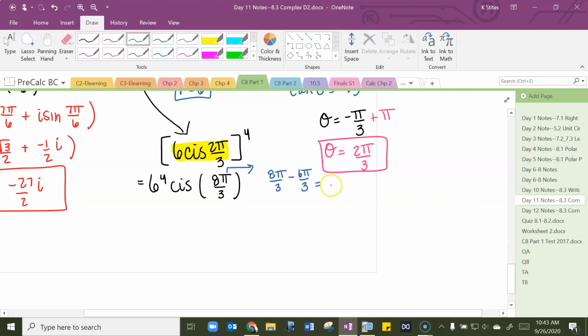And that leaves me with 2 pi over 3 again. Okay, so we have to rewrite this one more time. 6 to the 4th is 1296. I can't leave this as 8 pi over 3. It's not correct notation. We can't have an angle more than 2 pi, so we have to rewrite it as 2 pi over 3. Okay, this is complex polar.